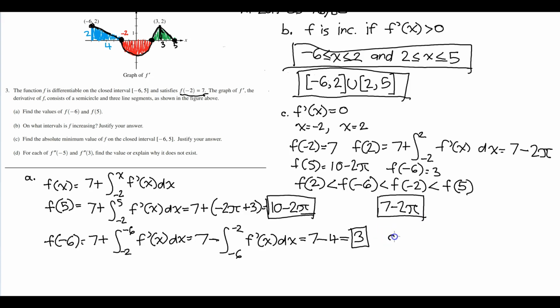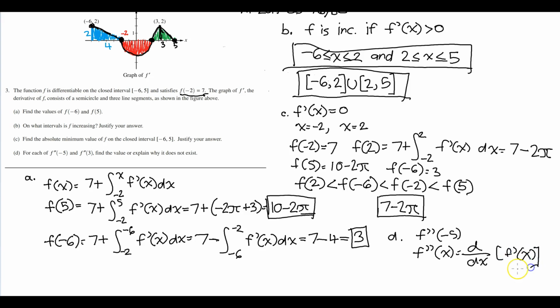For part D, for each of f prime of -5 and f prime of 3, find the value or explain why it does not exist. So for f prime of -5, how can we find it? Well, f double prime of x is just the derivative of f prime of x.